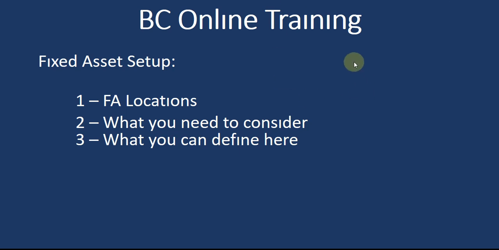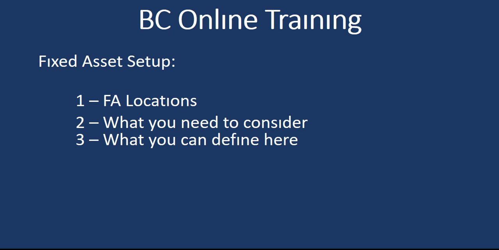Today we will talk about fixed asset locations, how you can use the fixed asset location in Business Central, what you need to consider, and also what you can define here.